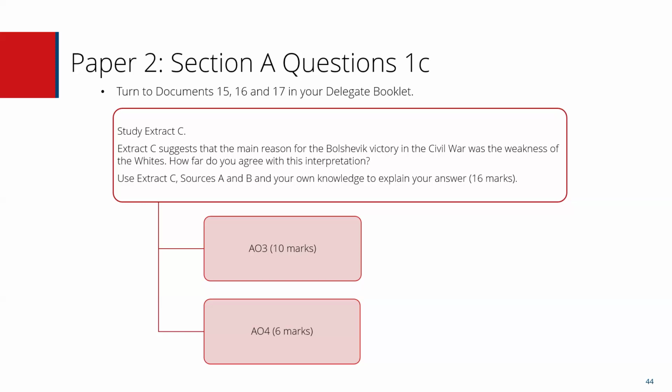So we're not looking at them downloading everything they know, but they've got to precisely pick out bits from the sources and the extract and show how they're coming to the point that they're making. And how are they using the material to support what they're saying? So they've got to do a lot of stuff in level 4.